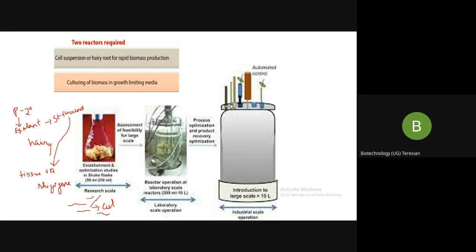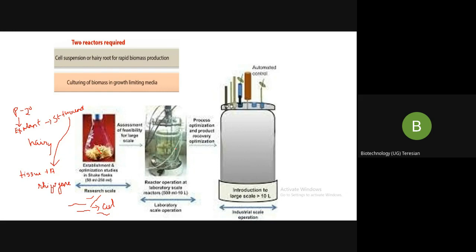So once the hairy root is produced, we transfer it to the secondary bioreactor, where the conditions are made rate limiting, so that the root culture starts producing the secondary metabolites. Thereafter, the entire roots are harvested and used for downstream processing.